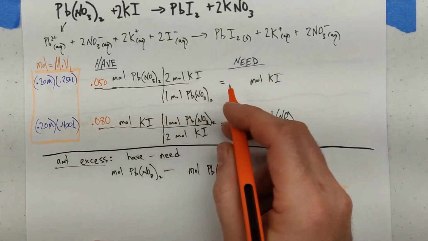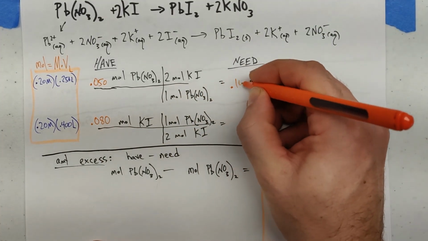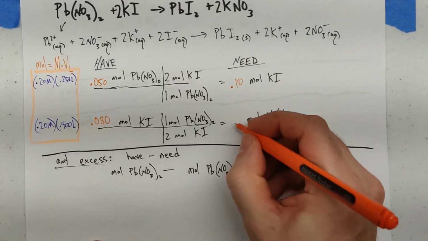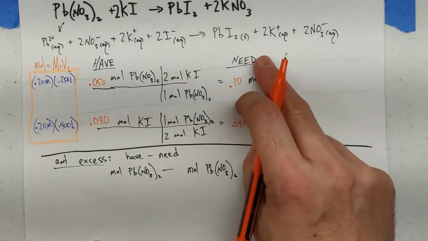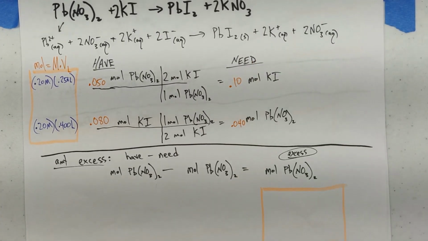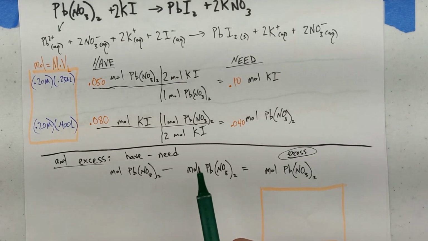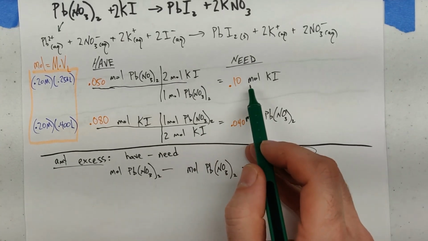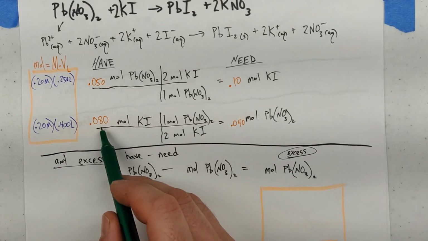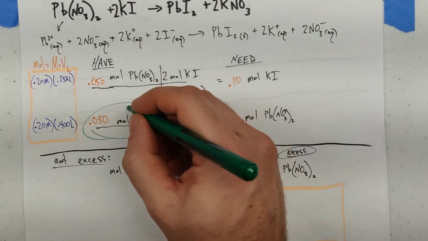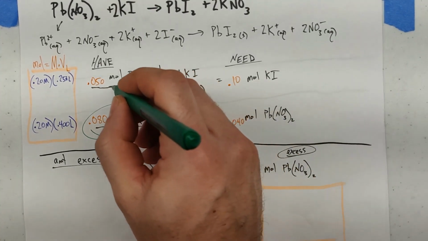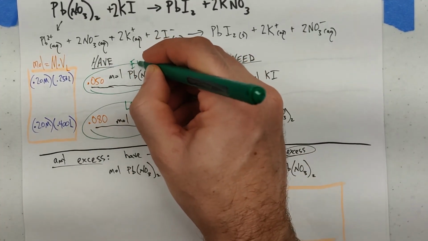So 0.05 times 2, we get 0.10 moles of the KI that we need, and we get 0.040 moles of the lead nitrate that we need. A quick glance shows that our limiting reactant, the one we don't have enough of, is the KI. You have 0.08 and you need 0.10. So this is our limiting reactant, and this is our excess reactant.